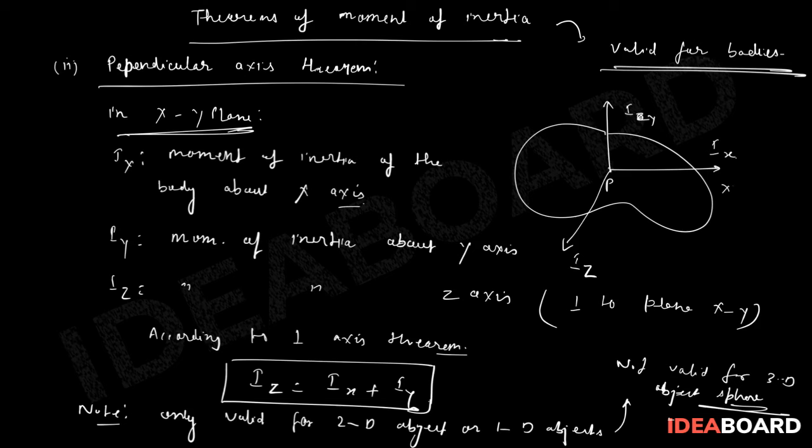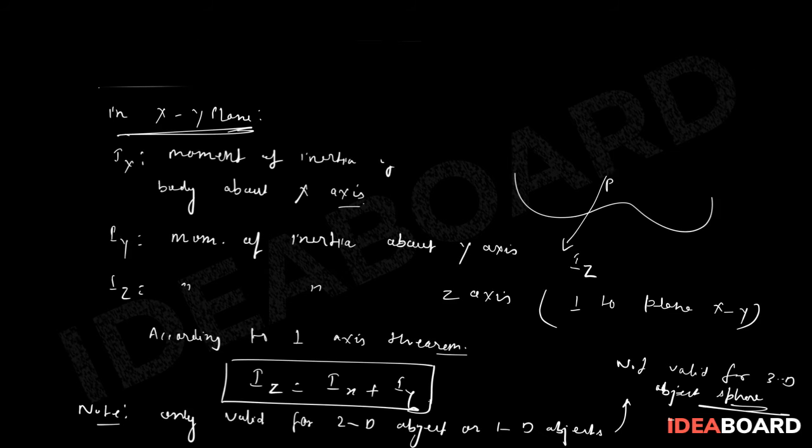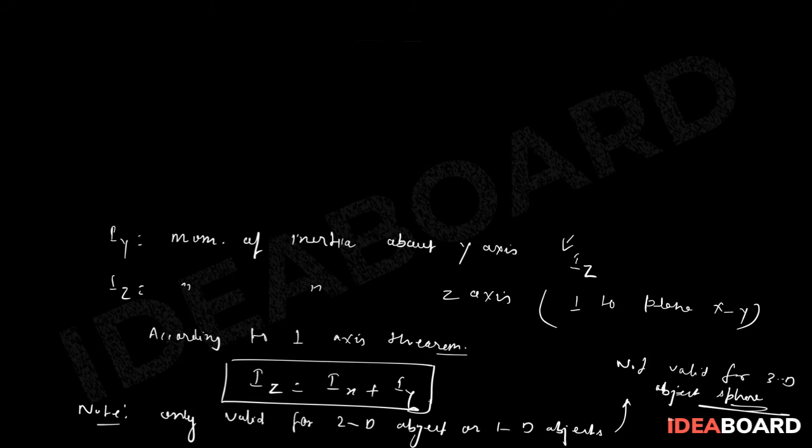For them Ix, Iy and Iz all are same because it's a symmetrical situation in 3D, but only in 2D it is valid for 2D objects or 1D objects. So now let us see the application part, right? As we have seen in parallel axis theorem.